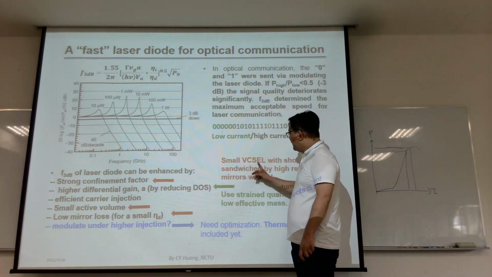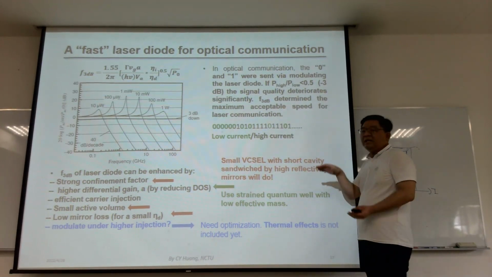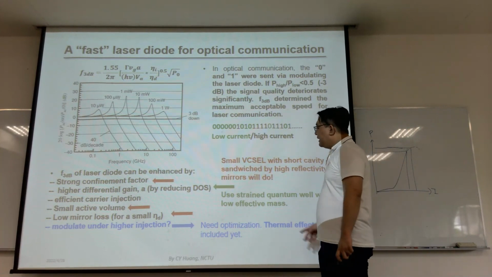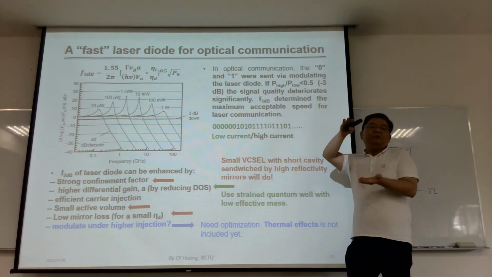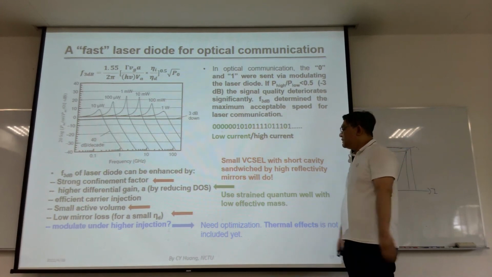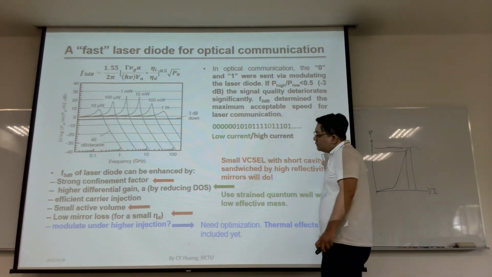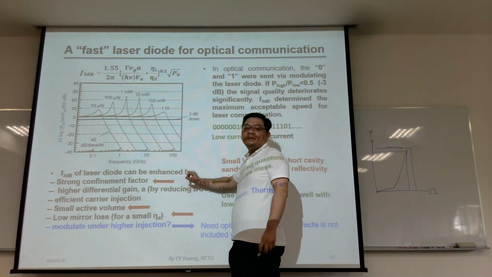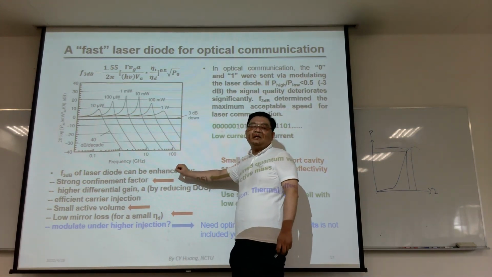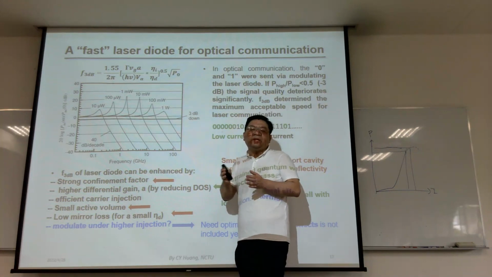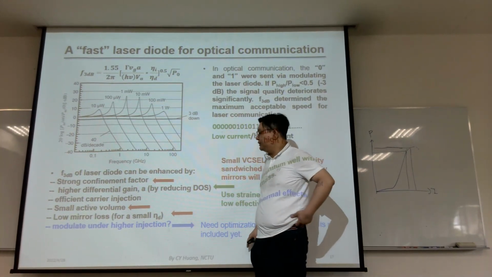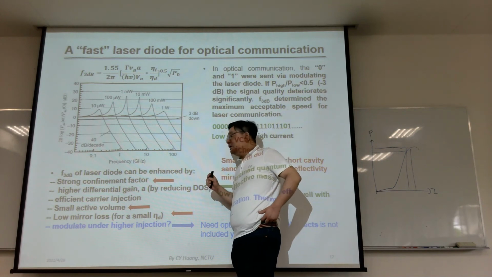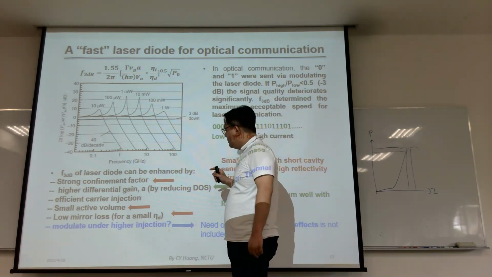For a VCSEL compared to an edge emitter, it has a shorter cavity, and it has mirrors with almost unity reflectivity on both sides. The confinement factor, probably, but it is difficult to say, because you can also make a good design to make the confinement factor in the edge emitter high as well.